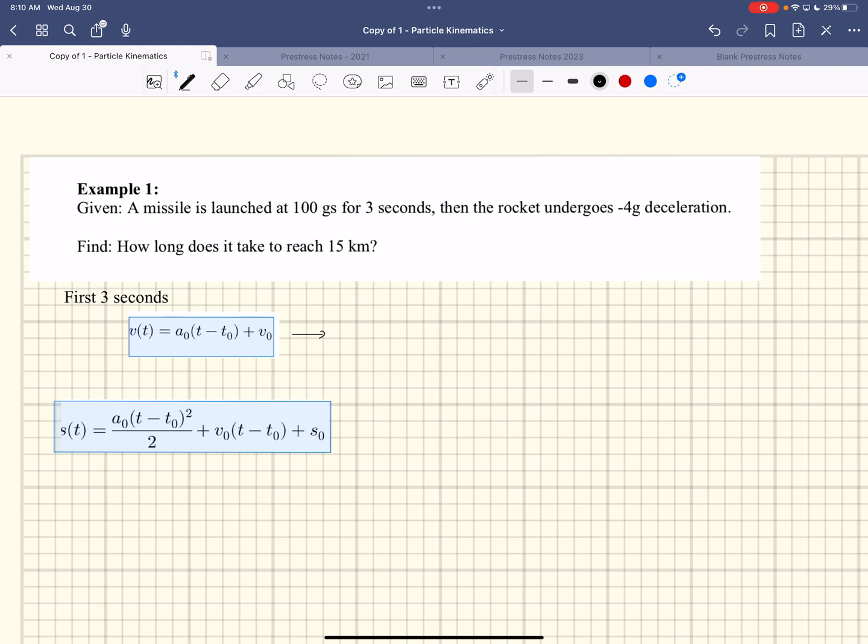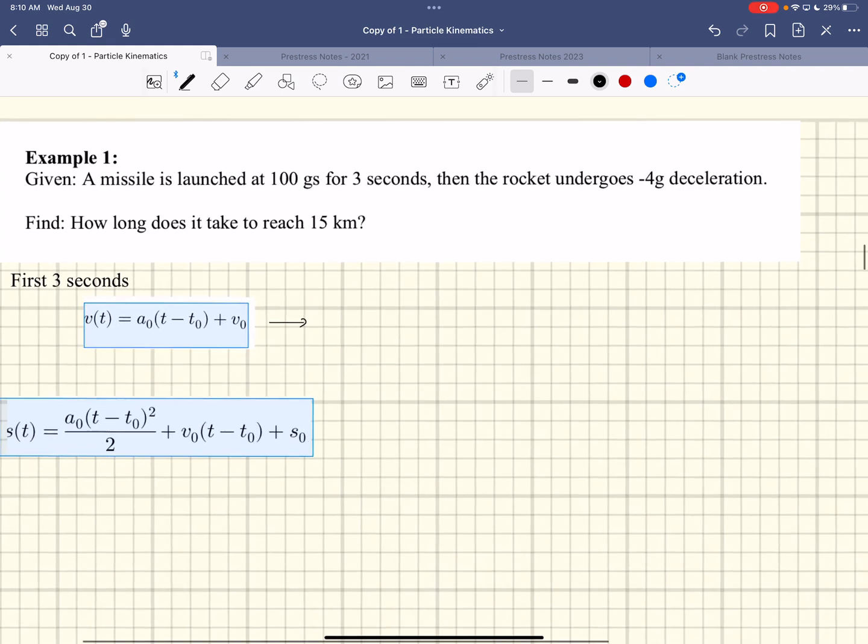I know what A naught is. It's 100 G's. G's is gravity. We're doing this in metric units because we're talking about kilometers here, so that's going to be 9.81. So it's 100 G's, which is 100 times 9.81. That's what A naught is.